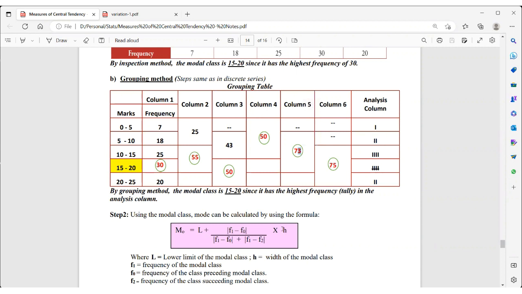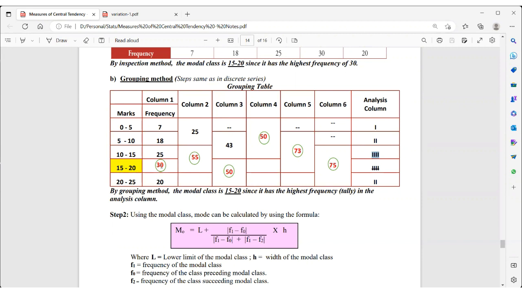Now comes the third number, 25. 25 comes in this 55, and in this 52, 73, and 75. So 4 times. So we write 4 bar here.